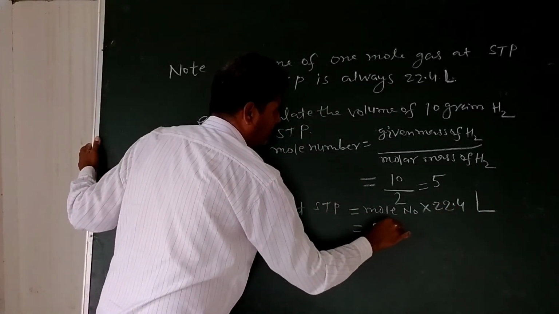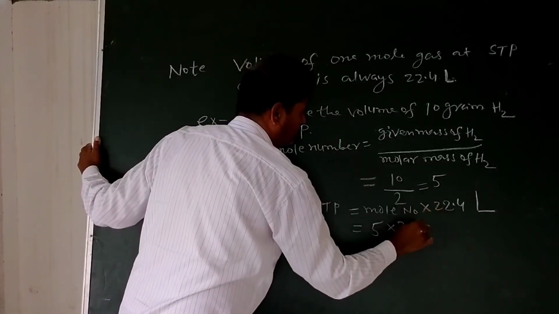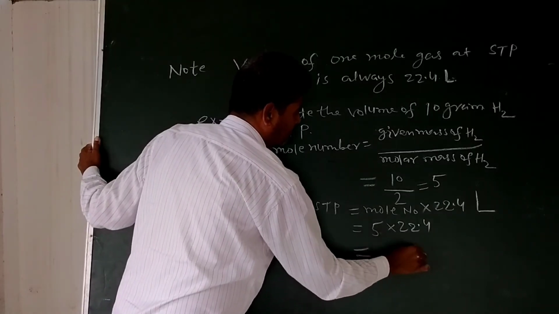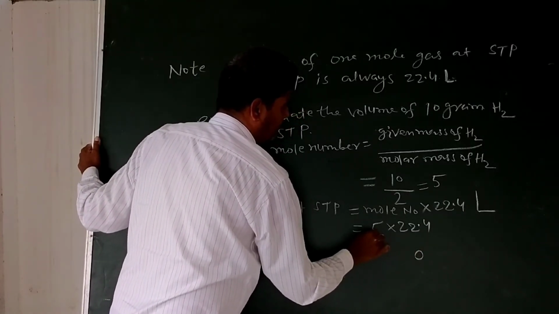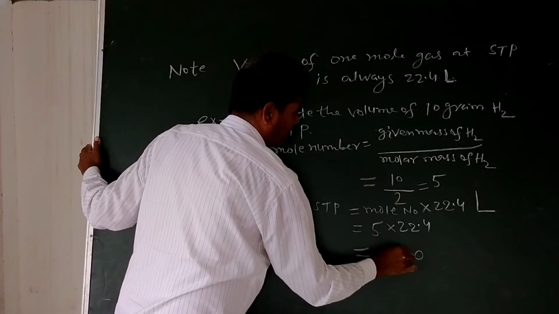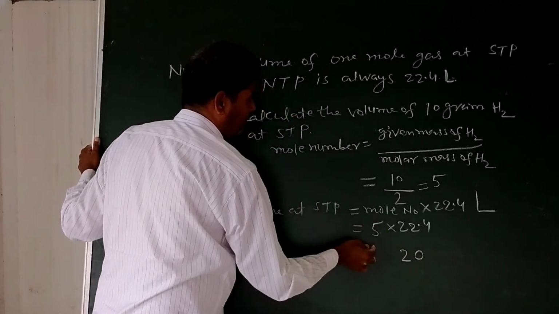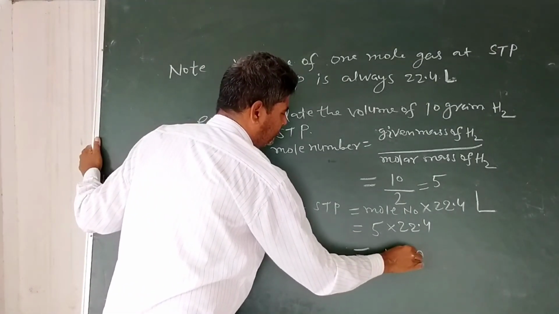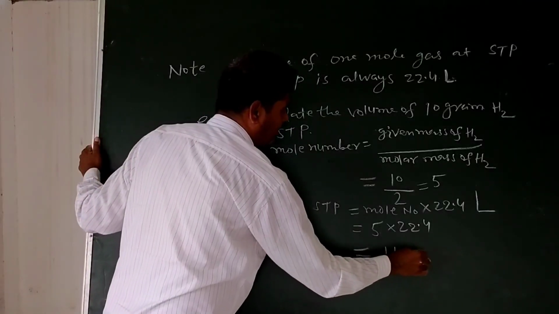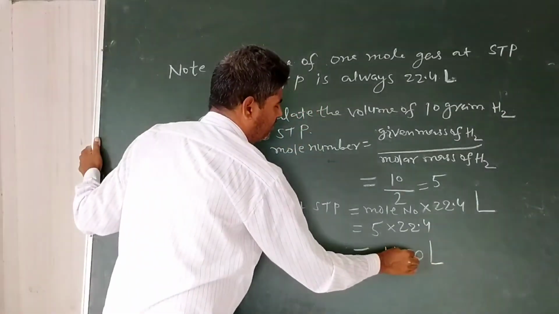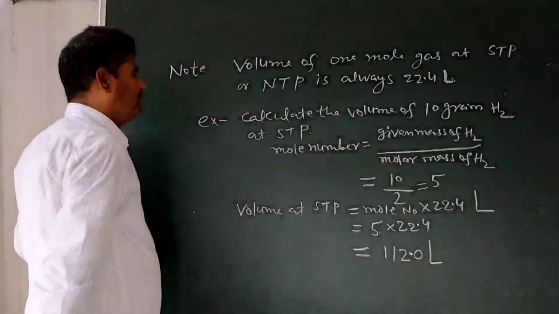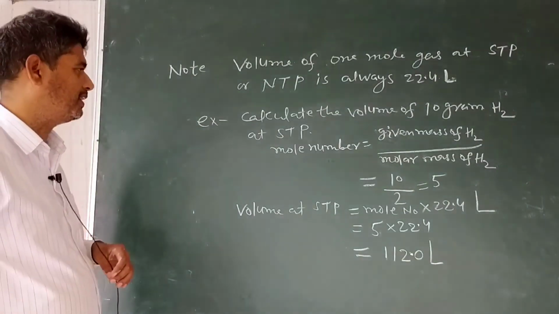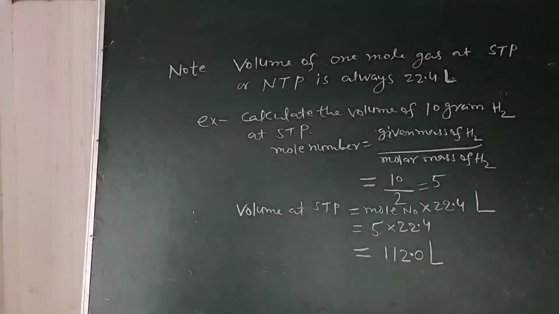So 5 times 22.4 is 112 liter. 112 liter is the volume of 10 gram hydrogen at STP. Thank you.